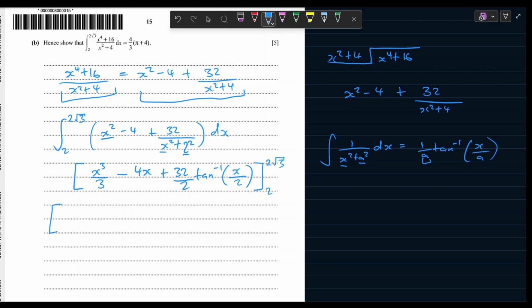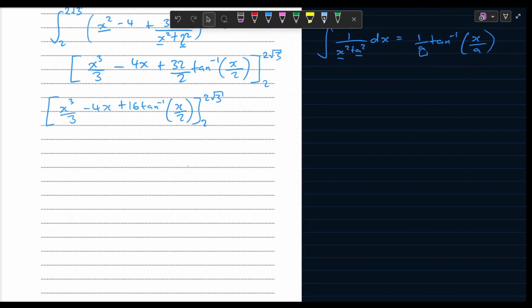So let's simplify. This is x cubed over 3 minus 4x. 32 over 2 is 16, so 16 arctan of x over 2. And our limits are from 2 to 2 root 3. Right, so let's substitute in our limits.